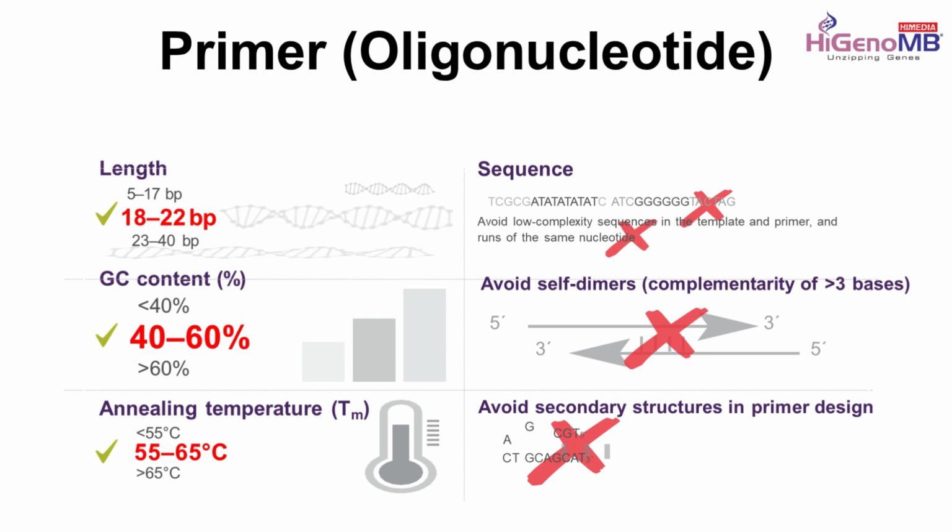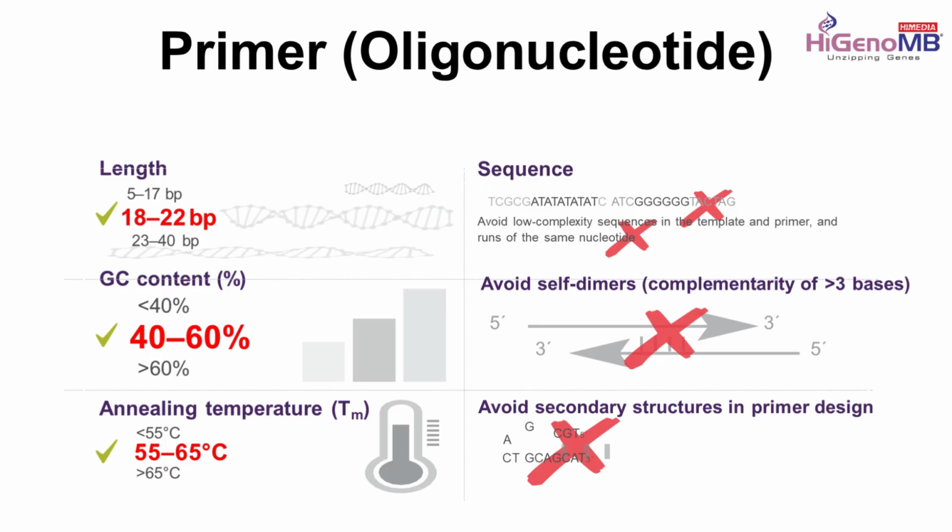Because the guanine and cytosine nucleotides have 3 hydrogen bonds for their pairing. Hence this GC content is important.